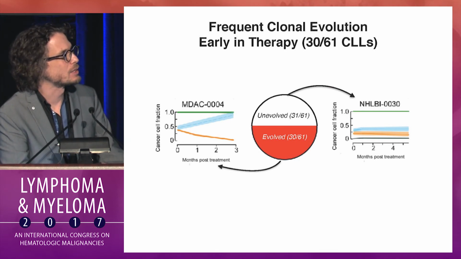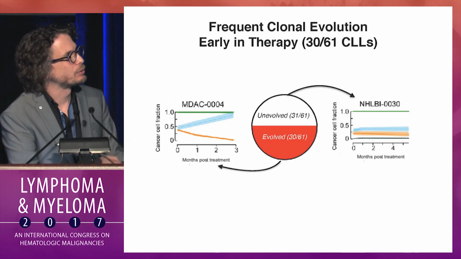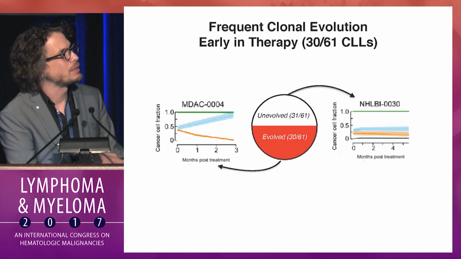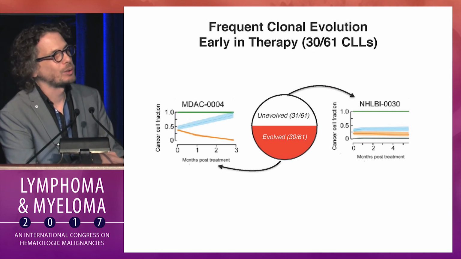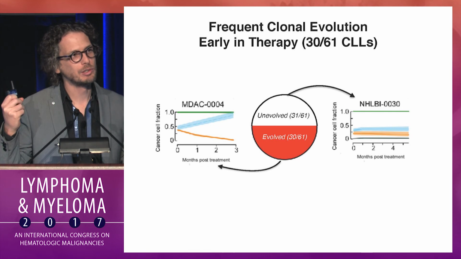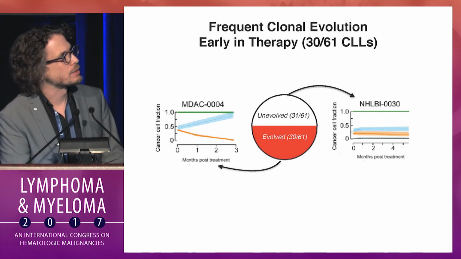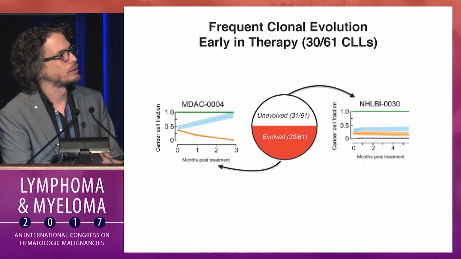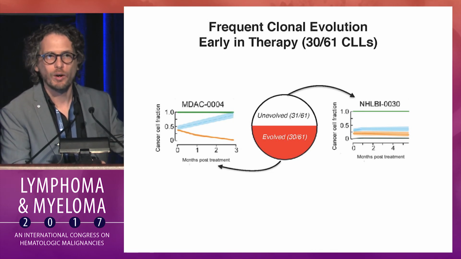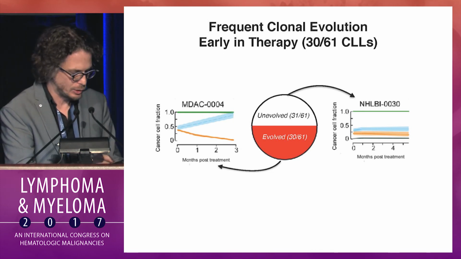But the insight was that even within the first few months, we already see samples that do have this kind of clonal divergence. Some clones are responding better than others, whereas half of them seem to have almost no clonal variants. All clones are dying off at an equal rate.